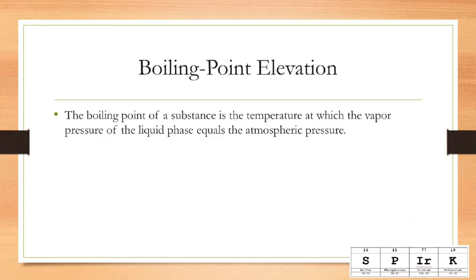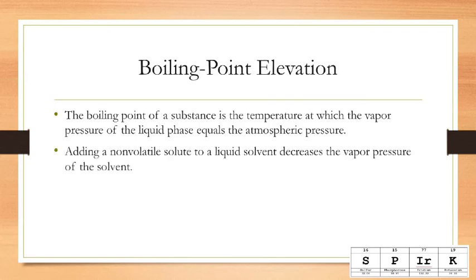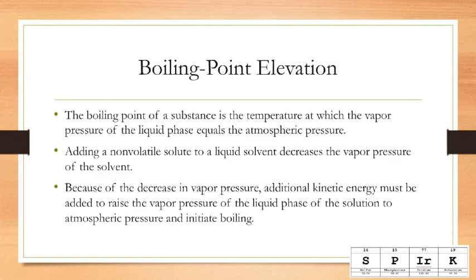So we have freezing point depression, and we also have boiling point elevation. The boiling point of a substance is the temperature at which the vapor pressure of the liquid phase equals the atmospheric pressure. Adding a non-volatile solute to a liquid solvent decreases the vapor pressure of the solvent.